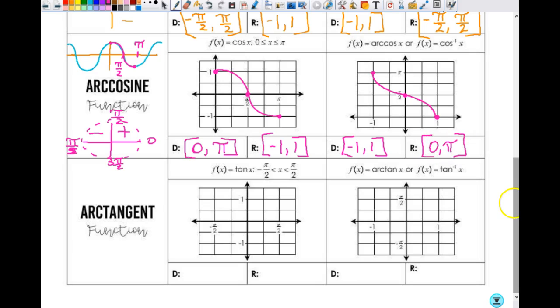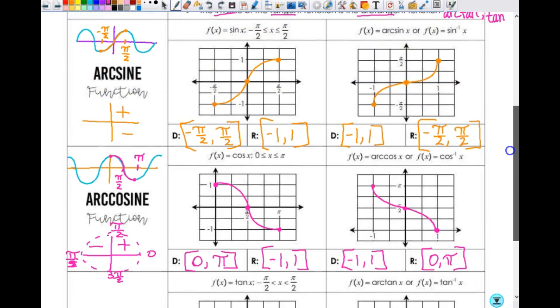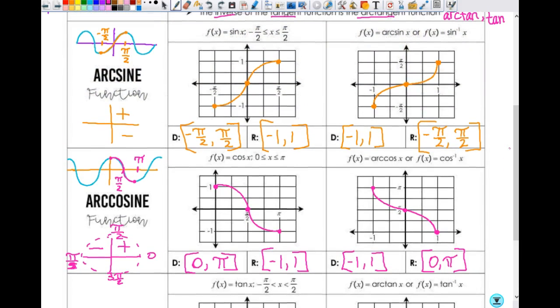Okay, so let me clear that up a little bit more, because I know it takes a while for that whole idea, that we're talking about different types of quadrants, to click. In my sine inverse here, do you see how my angles, because the pi stuff represents the angles, are now my y values? My angles can be positive or my angles can be negative. That's what's happening here. Positive angles in quadrant 1, negative angles in quadrant 2, right?